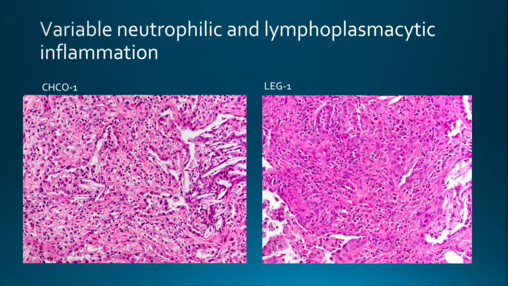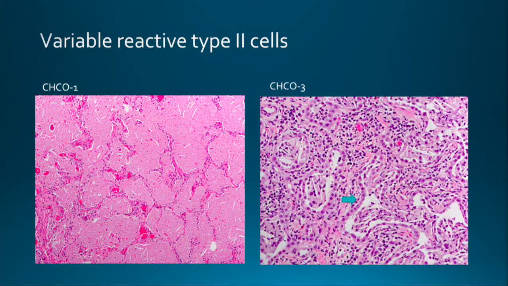Next slide. The other thing I'm seeing is variable acute and chronic inflammation, though frequently lymphoplasmacytic inflammation often seems more prominent, but you do get quite a bit of acute inflammation as well. Next slide. And then variable reactive type 2 cells.